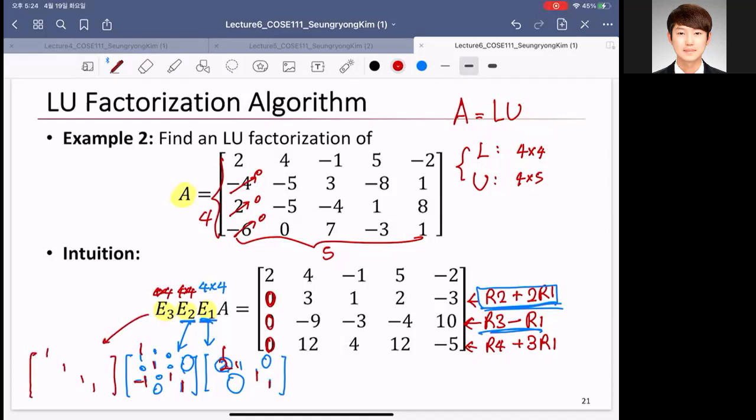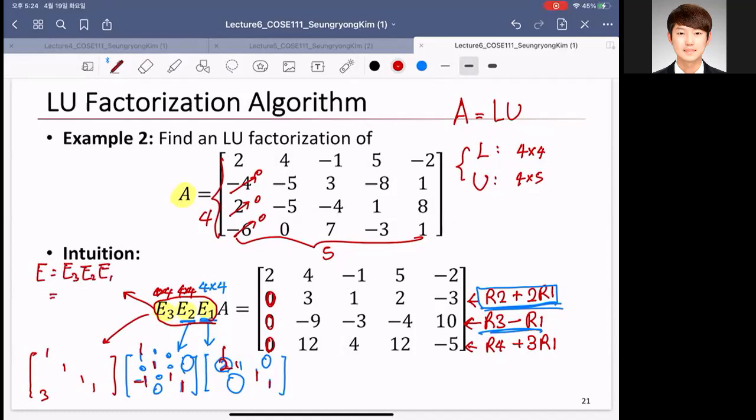Similarly, 1, 3 here. So right here, right? Then let's say this is the new matrix E, which is E3 times E2 times E1.